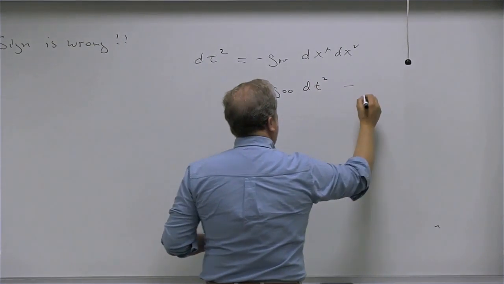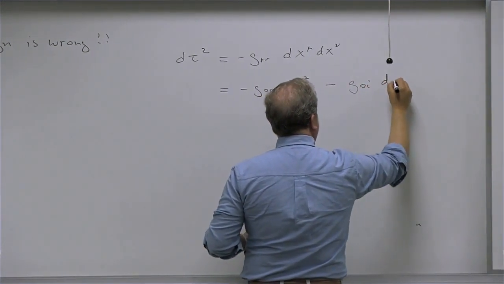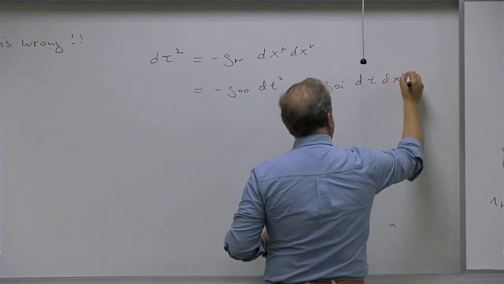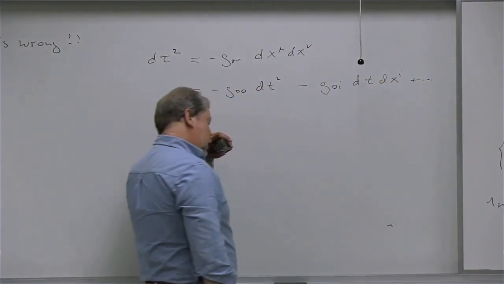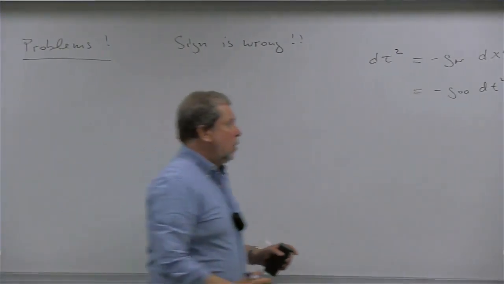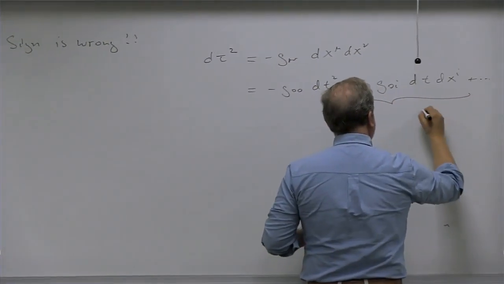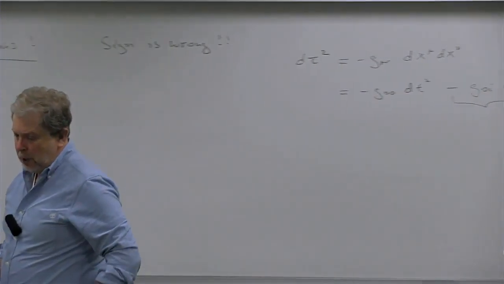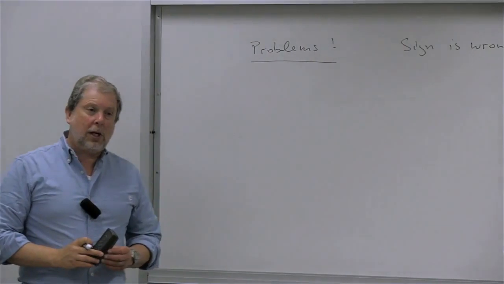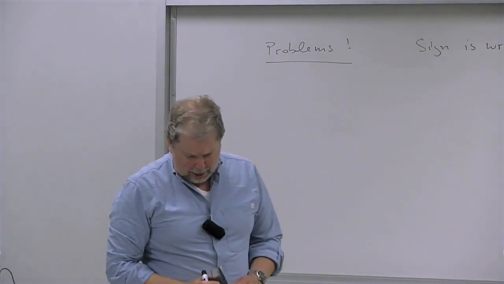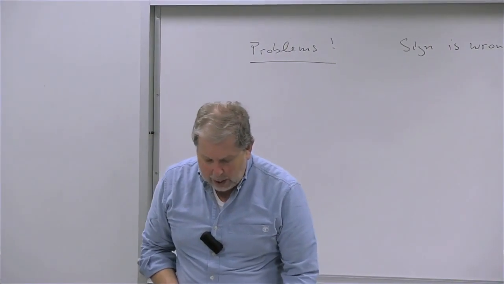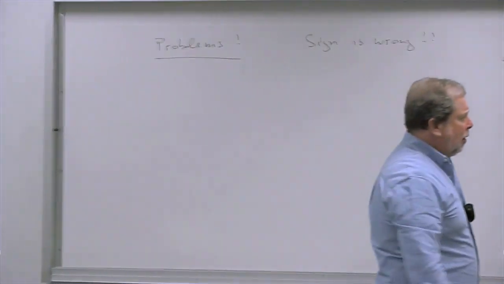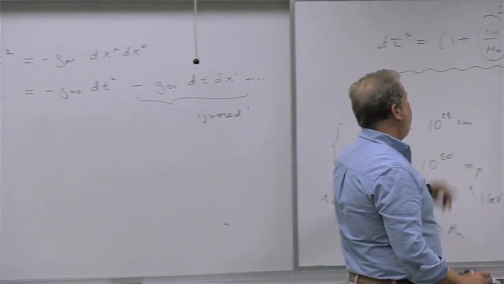But then there is the other component, the minus g naught i dx naught, which is dt again, times dxi, plus the gij terms. So we have ignored all these other results.